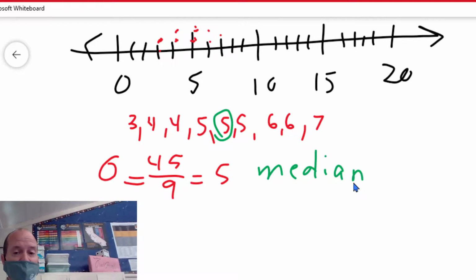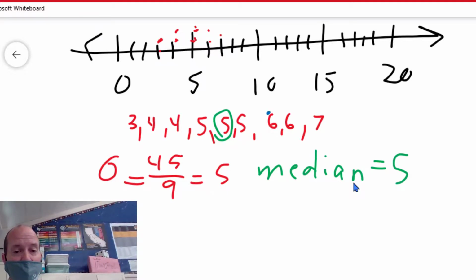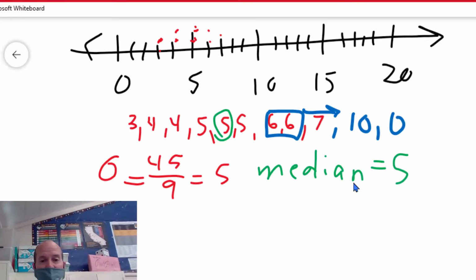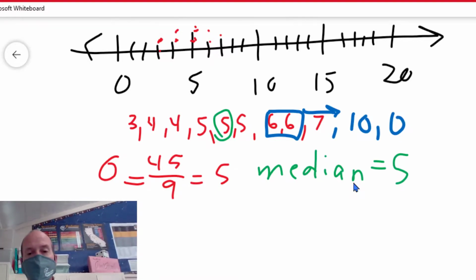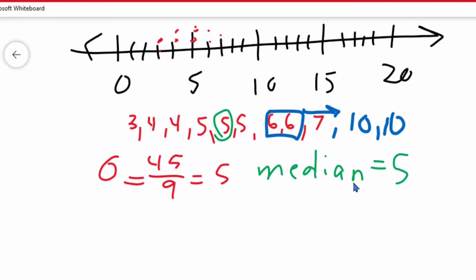Now, what if I was going to change the data set by changing 2 of the 6s, these 2 6s right here. Let's make those into 10s. If that was the case, when you add them up, we now have a total of 53 divided by 9.